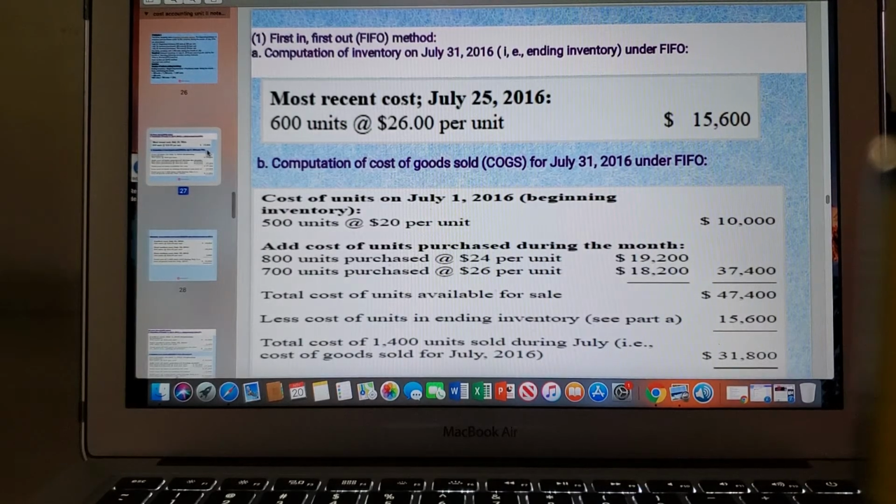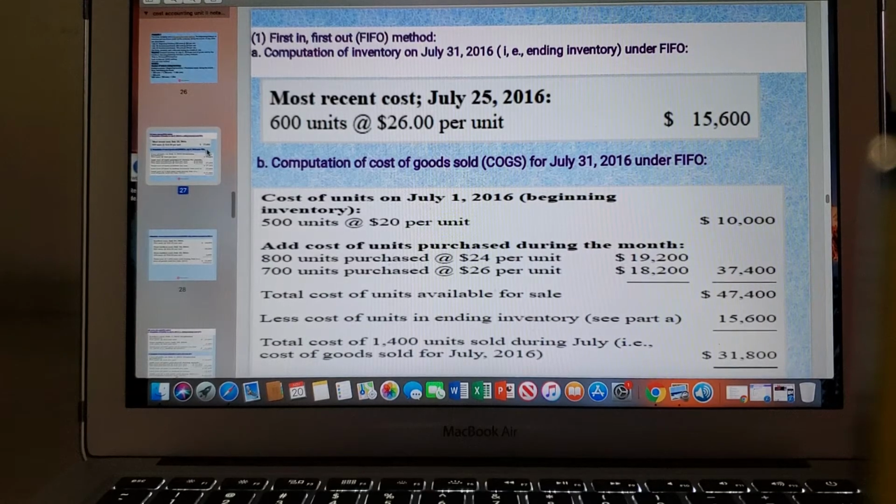B. Computation of cost of goods sold, COGS, for July 31st, 2016 under FIFO method. Cost of units on July 1st, 2016, beginning inventory is 500 units at $20 per unit, which is equal to $10,000.